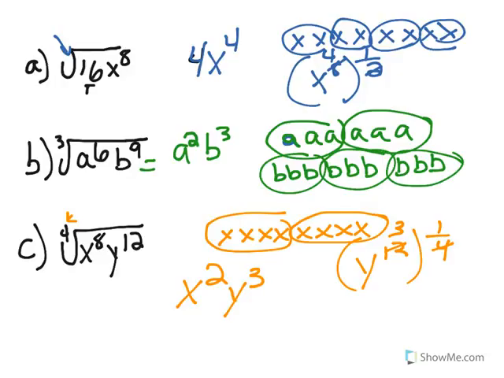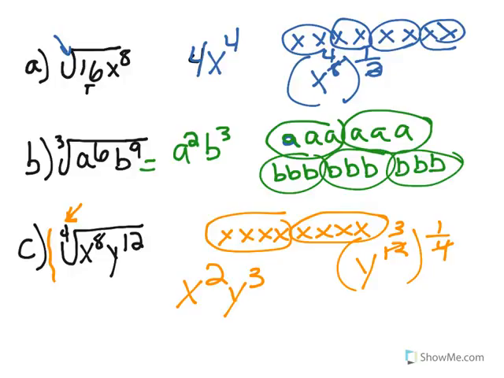Something else I need to point out here. This 4th power over here, and the fact that there's not a negative sign in front of our root, tells me that I have to have a positive answer, because remember, when you're working with square roots, you can have a positive or negative answer, both of them.